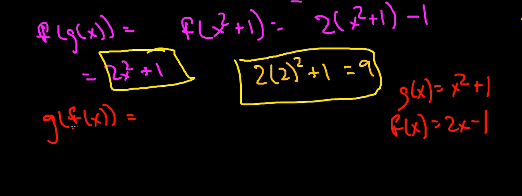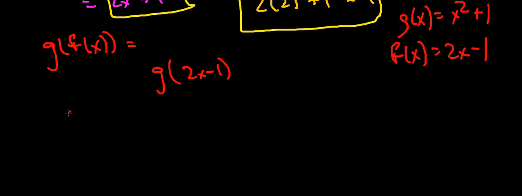So if we did g of f of x, this would be equal to g of 2x minus 1. And that would be equal to 2x minus 1 squared plus 1.